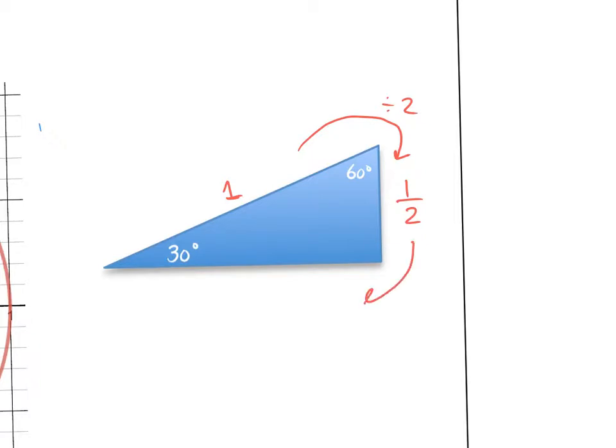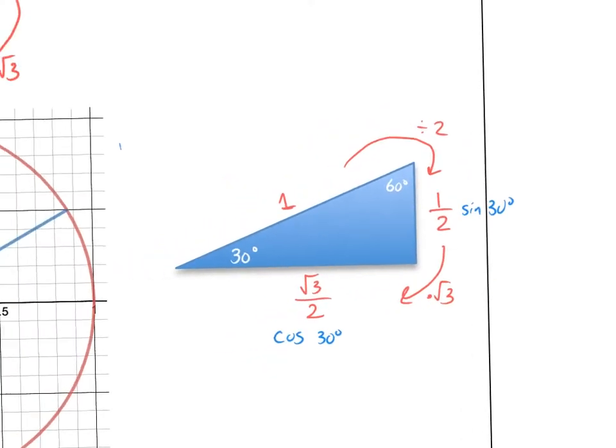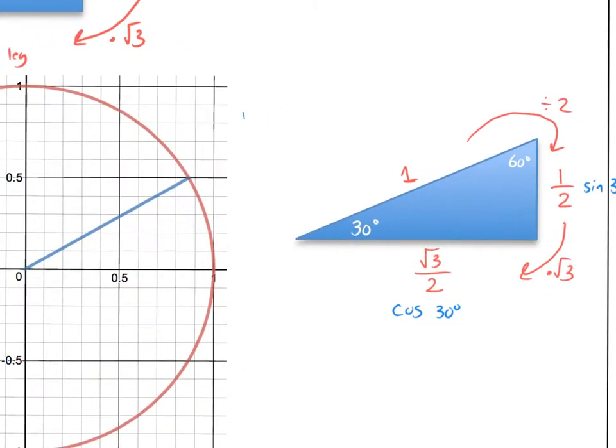And now to get to here, I do have to multiply by radical 3, but that's not such a big deal. All I do is place the radical 3 in the numerator. And this here is my cosine of 30 degrees. This here being my sine of 30. So there's the derivation of this puppy. So now I can place my point here, and my coordinates are this. Radical 3 over 2, comma, 1/2.